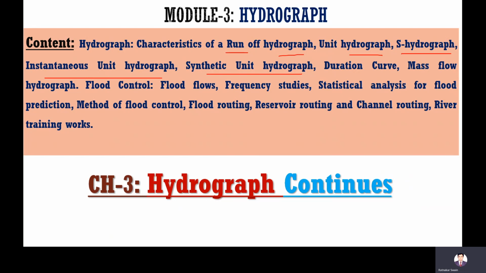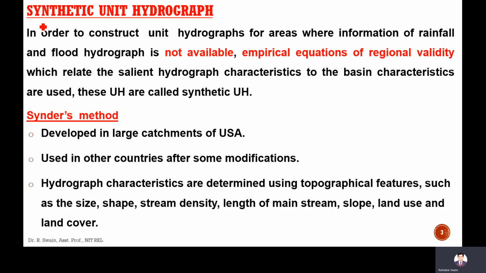What is a synthetic unit hydrograph? A synthetic unit hydrograph means the unit hydrograph is derived using an empirical formula, when the flood hydrograph is not available. Let us say at a particular station the discharge is not measured, or cannot be measured. So we don't have the flood hydrograph.